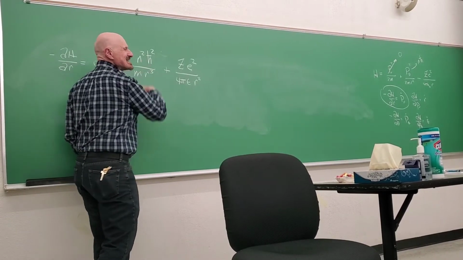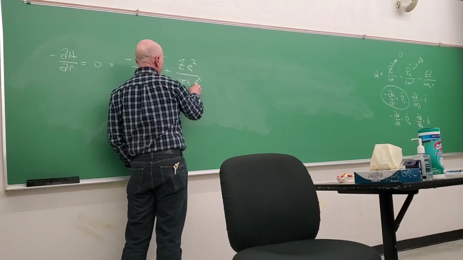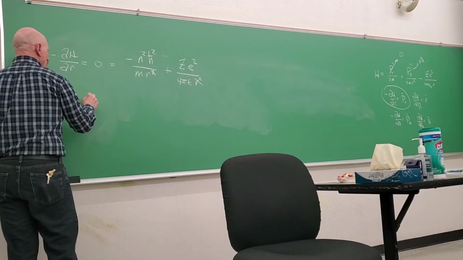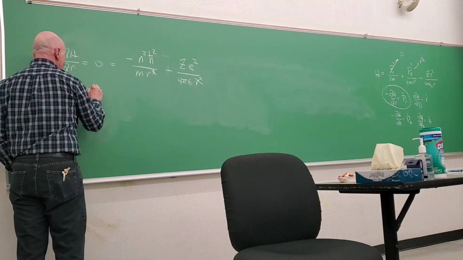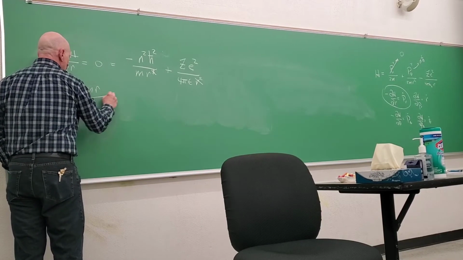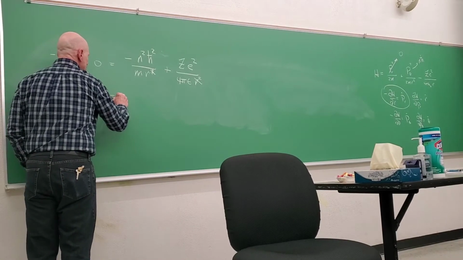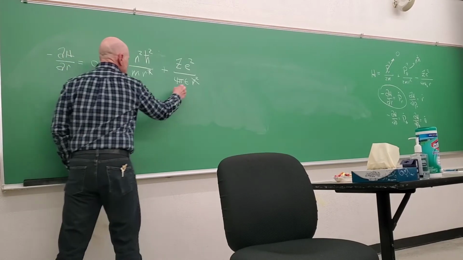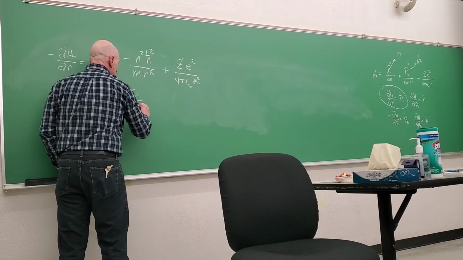That means I can set these things equal to each other. All right, I have an r cubed, I have an r squared. Let's knock a couple of those out and solve for r. So if I flip all these upside down, I have m r over n squared h bar squared is equal to 4 pi epsilon 0 over Z e squared.